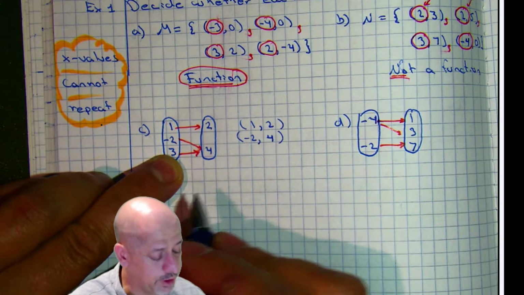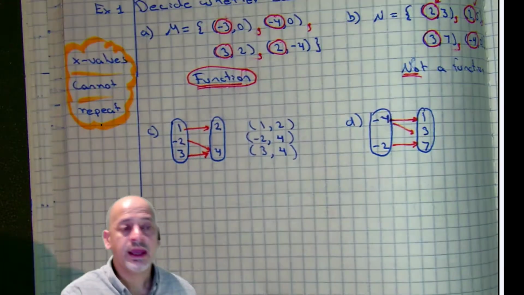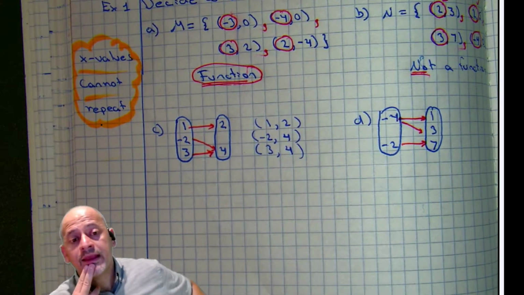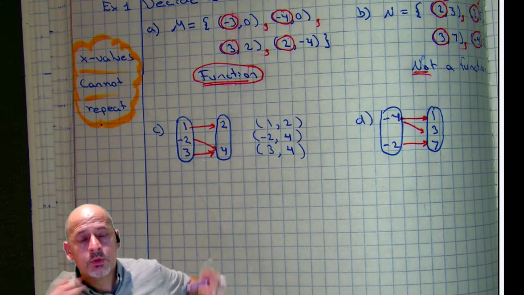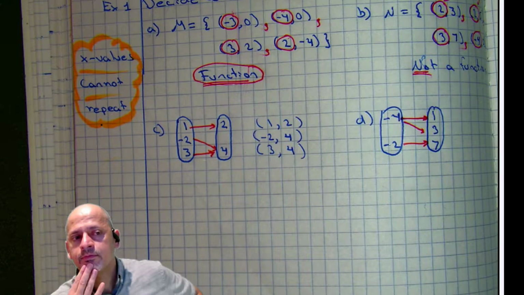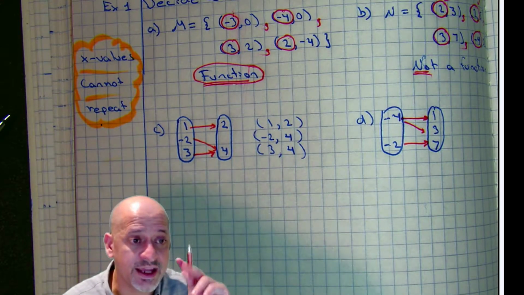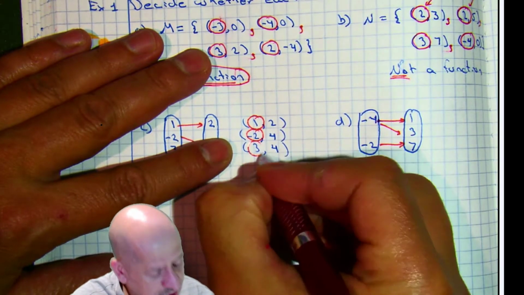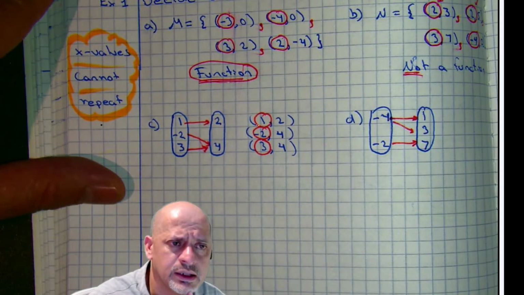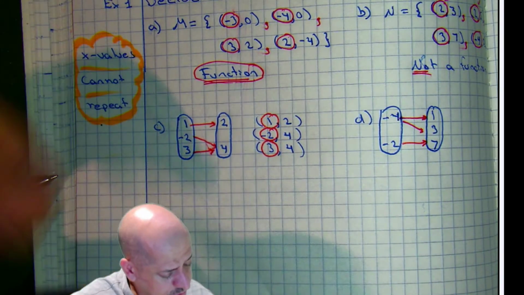And now the 3 is being paired up with the 4. And I need to decide, is that a function? Yes or no? What do you think? It is a function, because we are only going to circle the x values. Are the x's being repeated? No, they're all different. So therefore, it is a function.